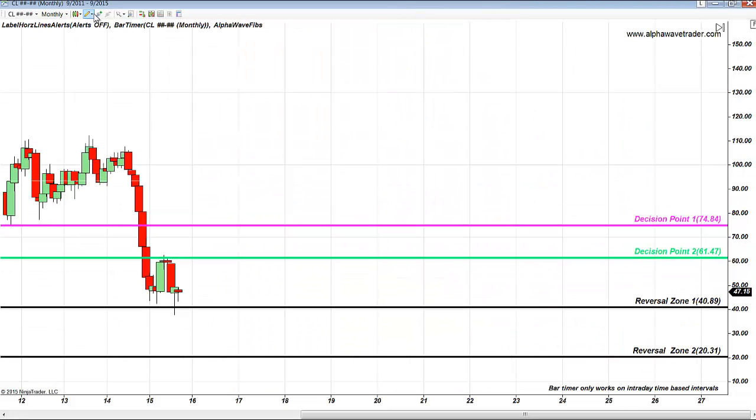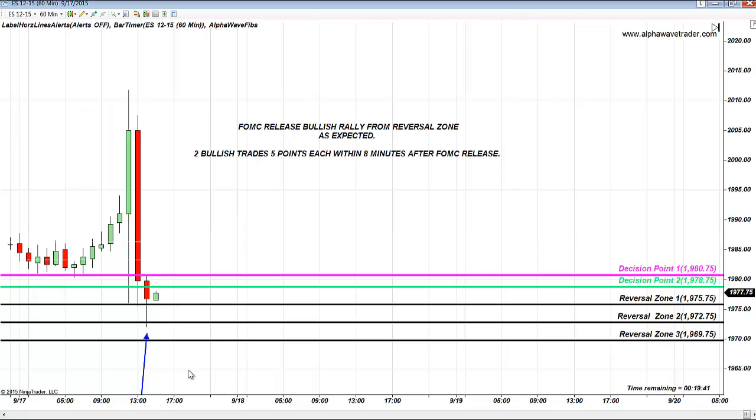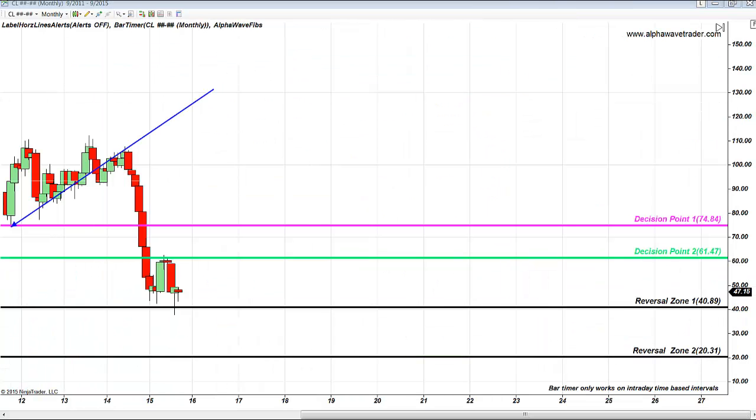This was a bullish rally on oil, correct? Bullish rally in 2011 from the end of the minor trend. The same thing Euro is doing right now. The same thing we took advantage of on S&P this morning. Bullish rally on oil monthly. Once, twice, 2012. Once this level is broken, price is heading into oblivion.